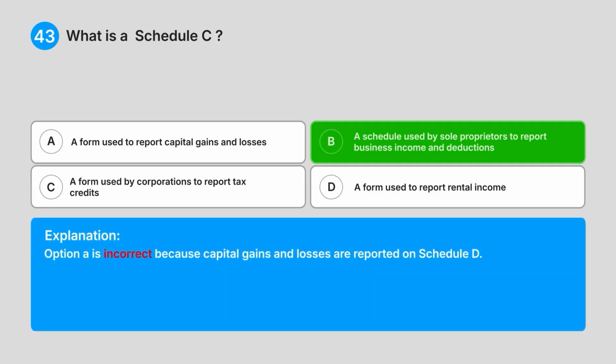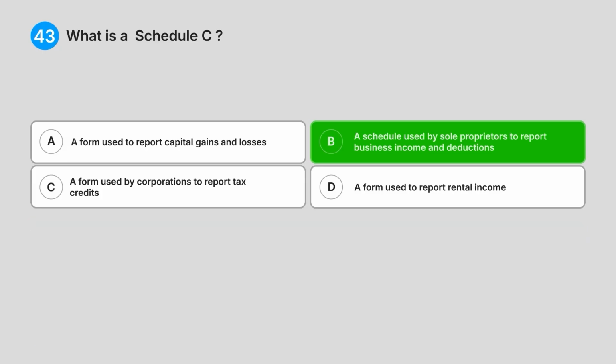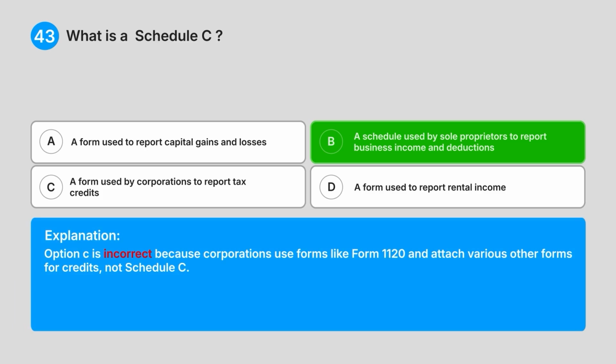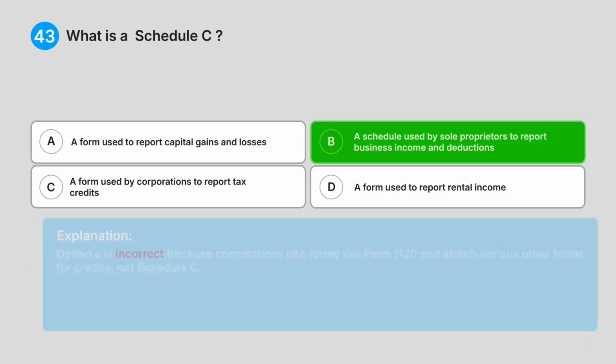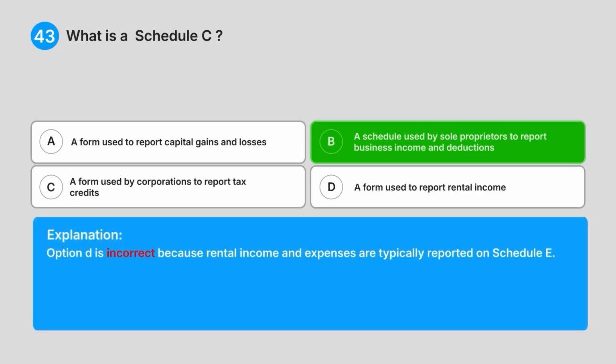Option A is incorrect because capital gains and losses are reported on Schedule D. Option C is incorrect because corporations use forms like Form 1120 and attach various other forms for credits, not Schedule C. Option D is incorrect because rental income and expenses are typically reported on Schedule E.